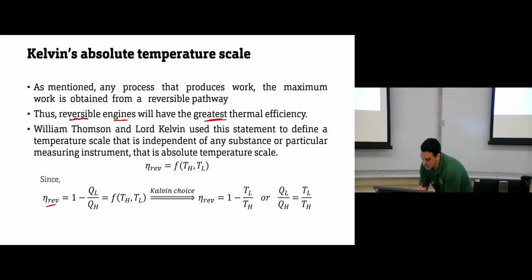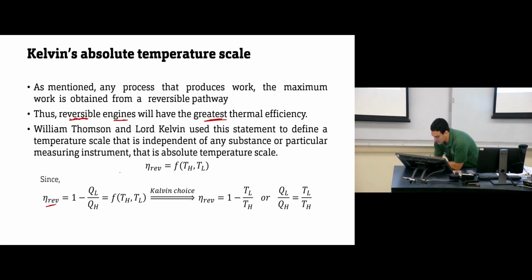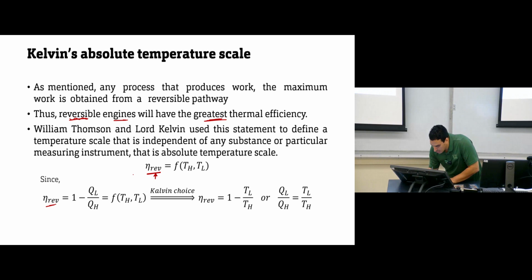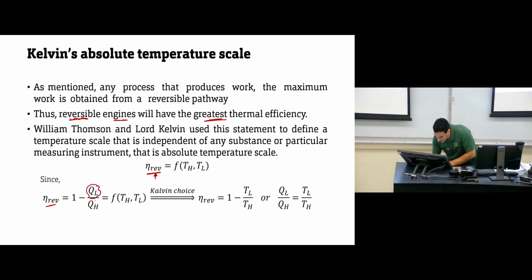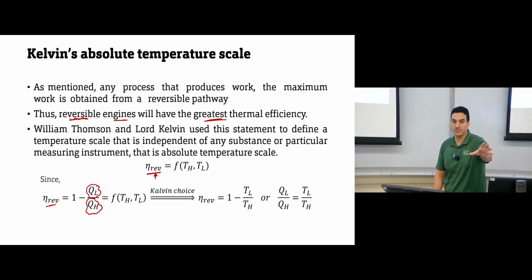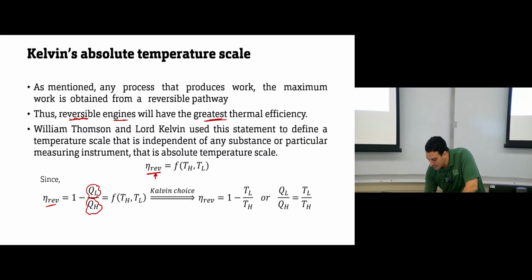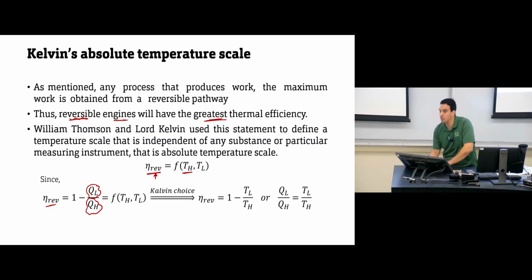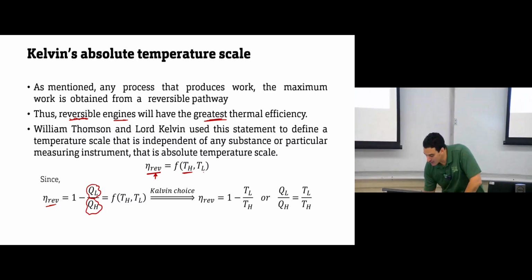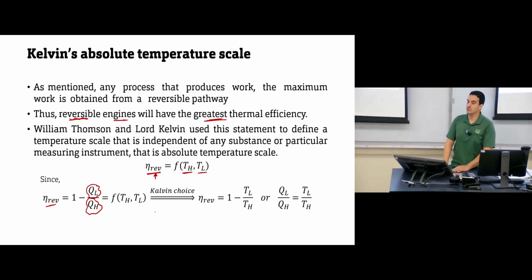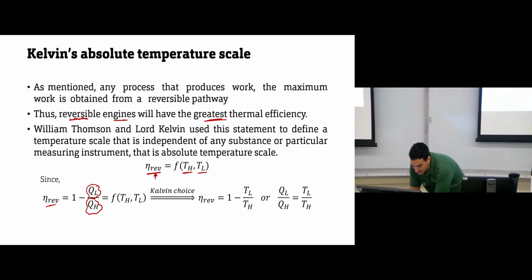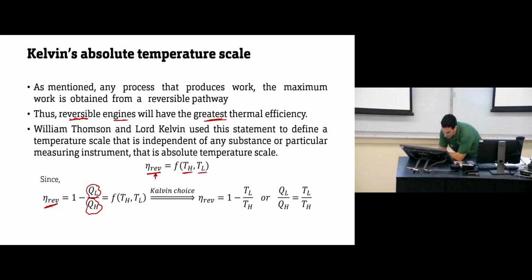What Thomson and Kelvin said is that if an engine operates in a reversible way, then we can relate efficiency not only to QL and QH, the amount of heat released and gained at the high and low temperature reservoirs, but also to the temperatures of the hot and low reservoirs. So this efficiency, based on Thomson and Lord Kelvin, is a function of TH and TL.